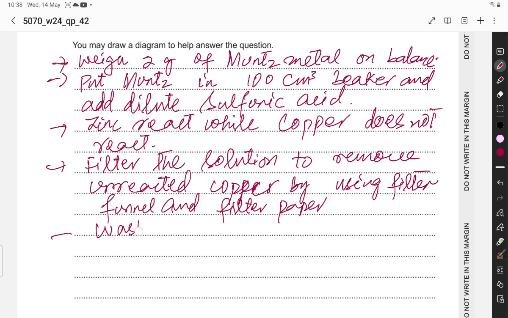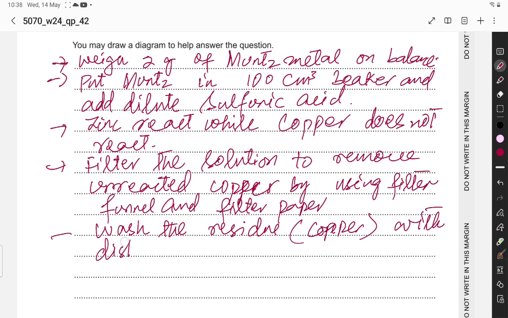Wash the residue, which contains copper, with distilled water to remove impurities.